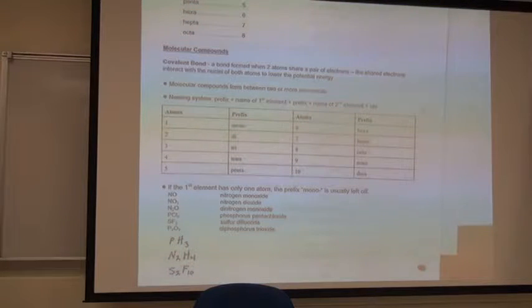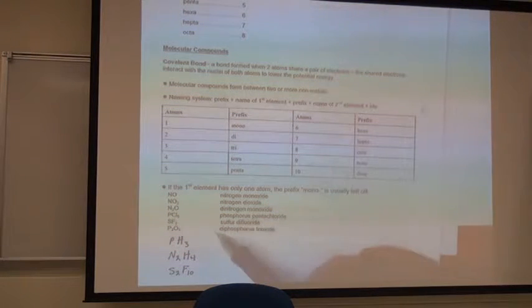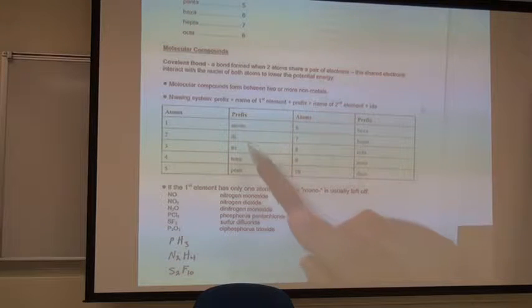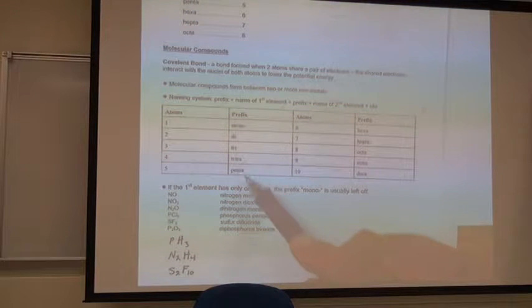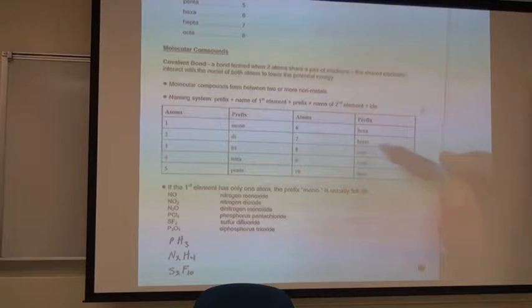You just say carbon dioxide. So if it's just one, you don't have to say mono for the first one. For the second one, you've got to say whatever it is. And what you use are mono, di, tri, tetra, penta, hexa, hepta, octa, nona, and deca.